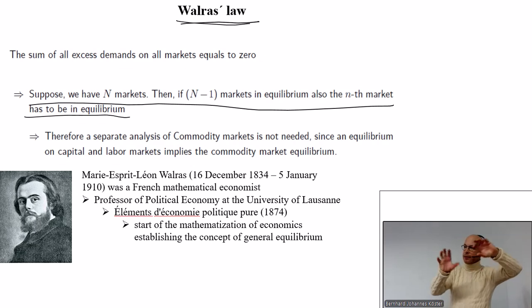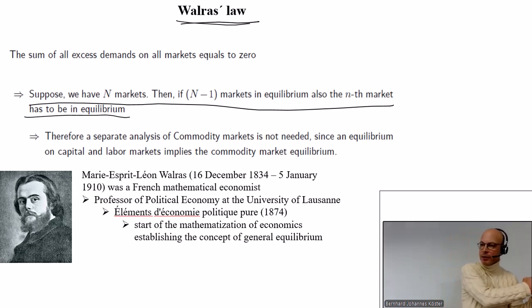In case you have the condition that inflows equal outflows at 4 of these sectors, then automatically you have that at the last 5th sector as well. This is more or less the general concept, which we also call Walras law.